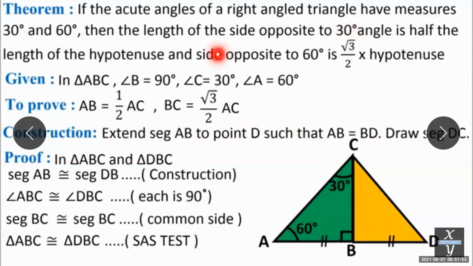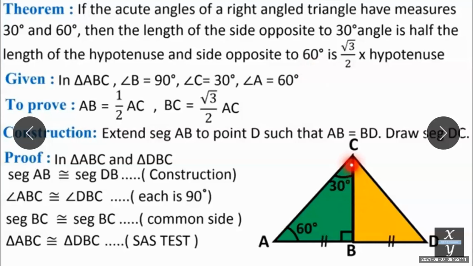Now another, we have to prove that side opposite to 60 degree. Now see, where is the angle 60 degree? That is here. Now side opposite to 60 degree means this side BC.